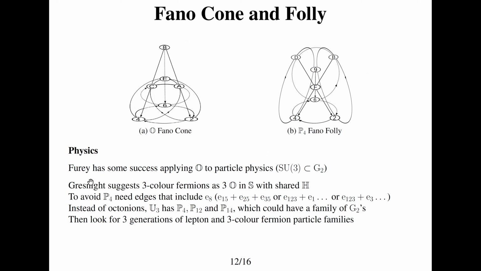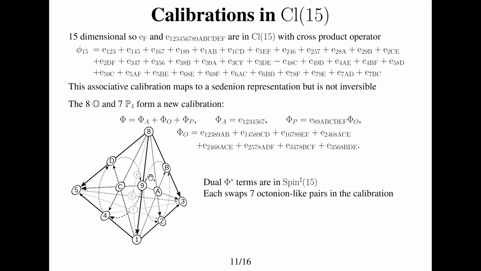Gresnet has more recently suggested the three colors could be accommodated in three octonions that are shared with a single quaternion, which we've seen many times. But if we go back to the Sidonians above, the Fano volume, you'll see that most of those are p-planes, p-Fano planes, and you couldn't have a family of particles with two octonions and one Fano plane with zero divisors.